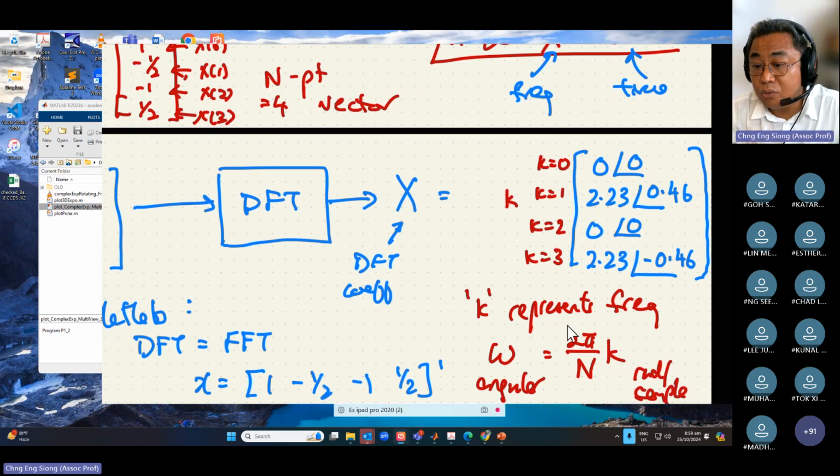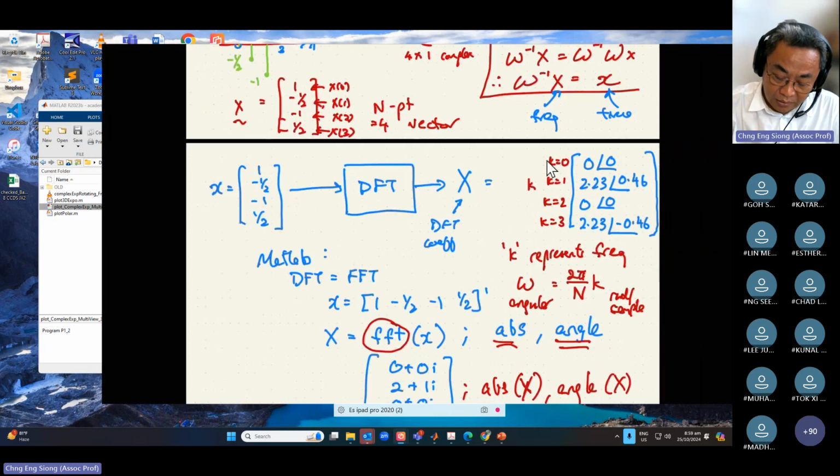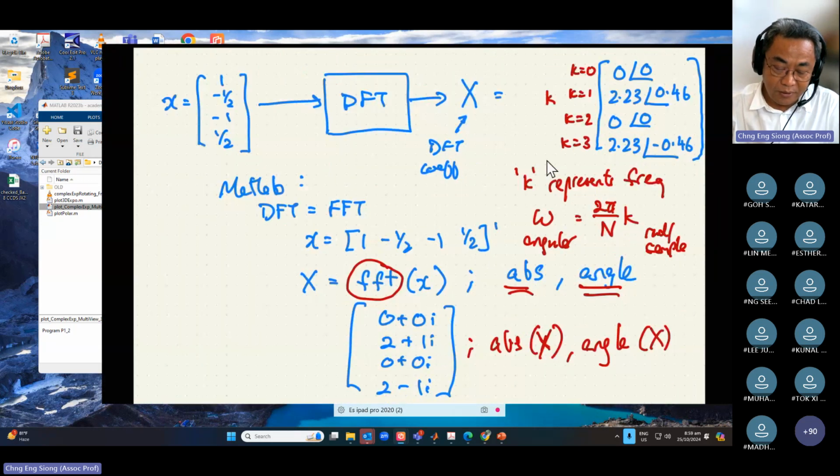When k equals 1, 2 pi over n. K equals 2, 4 pi over n. K equals 3, 6 pi over n. So as we are going downwards in k, we are getting higher and higher frequency. This is how we interpret the coefficients.